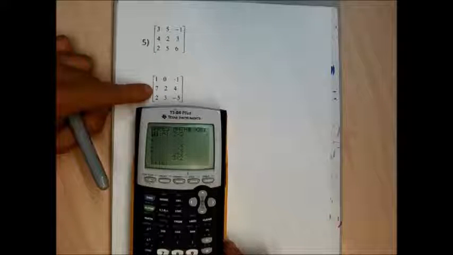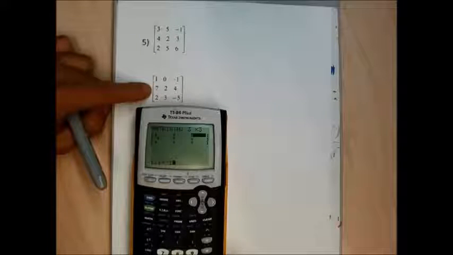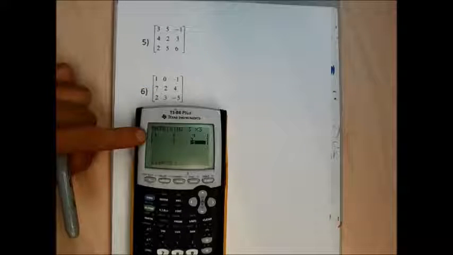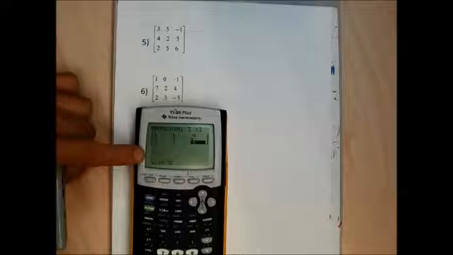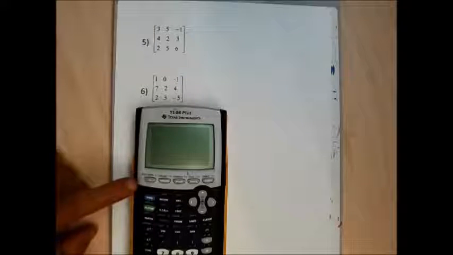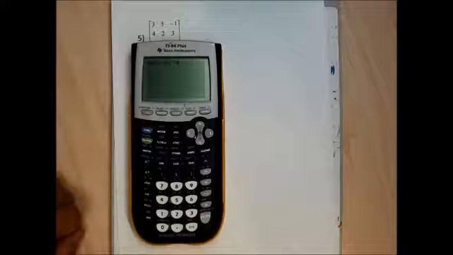This is a 3 by 3 matrix. Has 3 rows and 3 columns. My calculator certainly doesn't care how big the matrix is. As long as it's a square matrix, my calculator can find its determinant. So 1, 0, 1, 7, 2, 4, 2, 3, negative 5. Hit second and quit. If I just hit second and enter, it will bring up the last line that I typed.